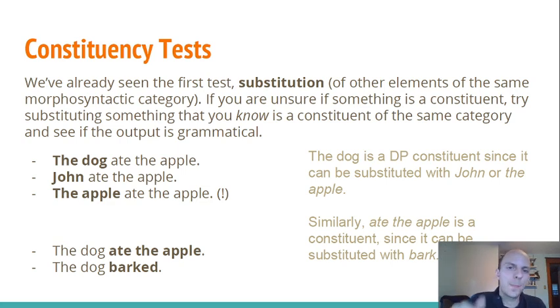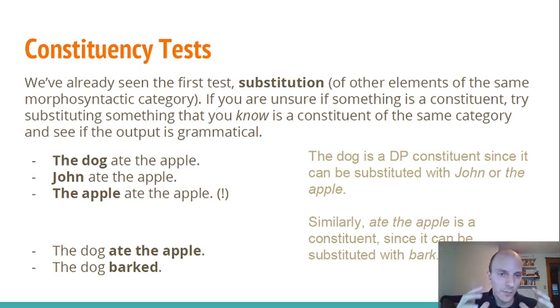Number 1, we've already seen this. Substitution is our first test. Right? When we were talking about things being intersubstitutable, secretly, without knowing it, you were performing the substitution test, which is the idea that elements of the same morphosyntactic category can be switched for another.